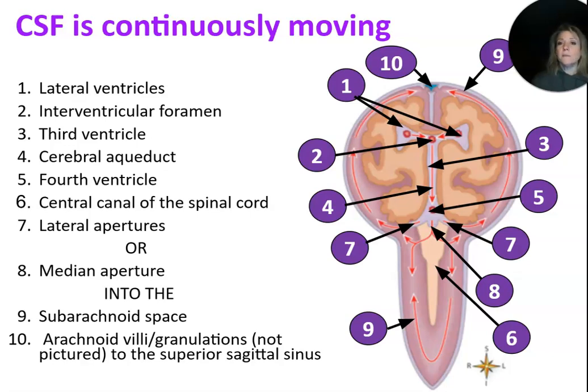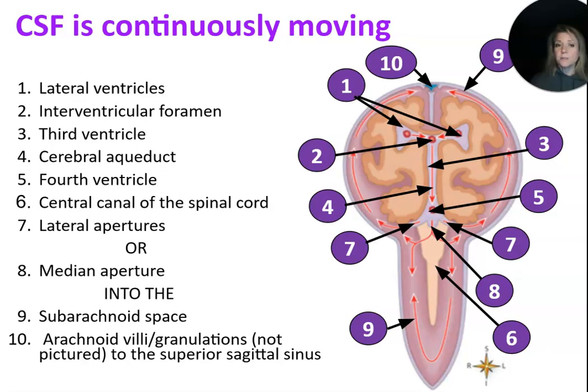Number one, these are the lateral ventricles. Number two is called the interventricular foramen. There's a little hole or tunnel that connects the lateral ventricles on the right and left sides of the brain. Number three is the third ventricle that's going to bathe the thalamus in cerebrospinal fluid.